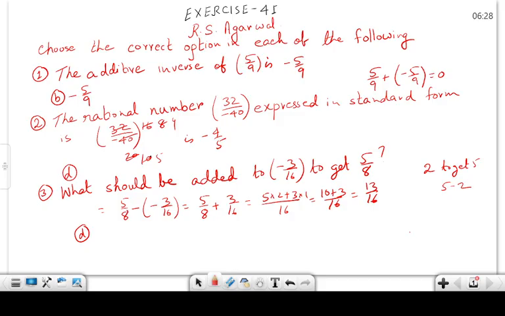Now question number 4: the multiplicative inverse of minus 3 by 7 is. What is the meaning of multiplicative inverse?